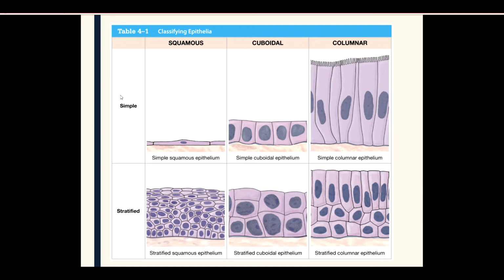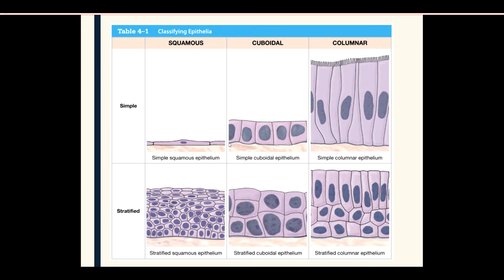Up on the left-hand side, this is an example of simple epithelium, and on the bottom are examples of stratified. So always look for the basement membrane first. You see the basement membrane right over here, and sitting on it is just one row of cells. Here's a cell right here, then we see part of a cell there, and a little bit of this one over here.